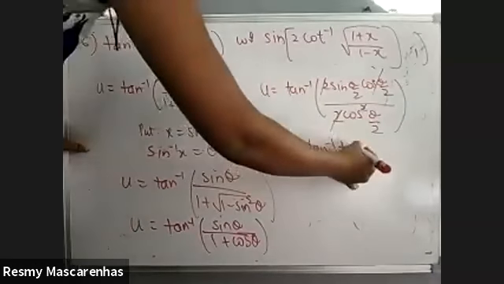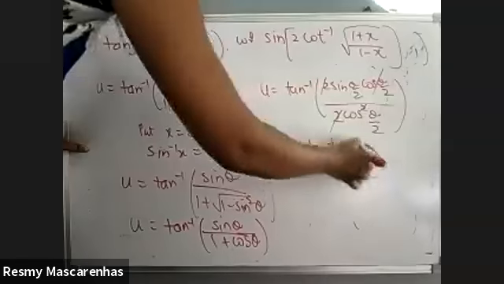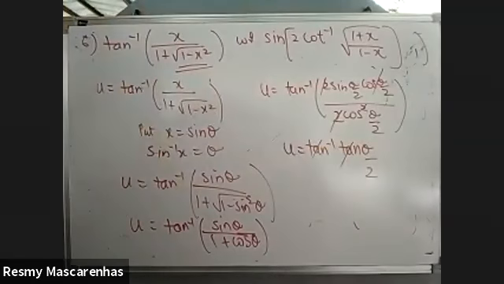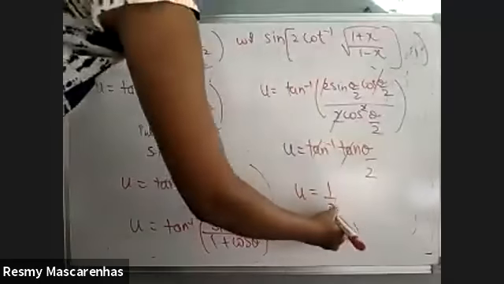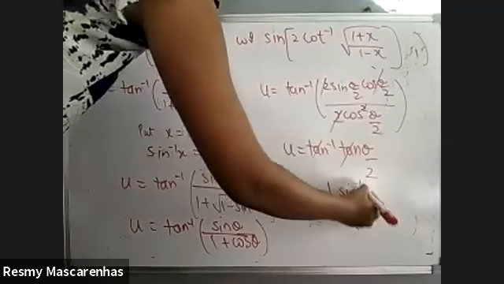Tan inverse of tan theta by 2, and then substitute 1 by 2 sine inverse x.